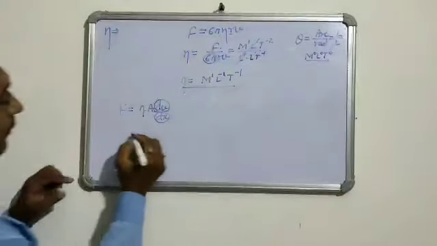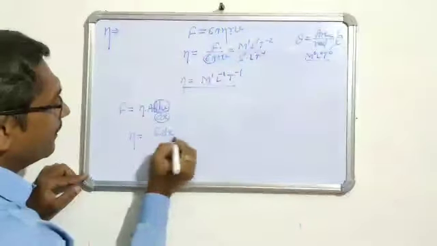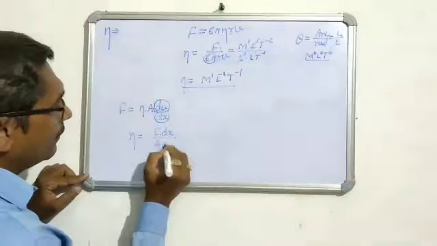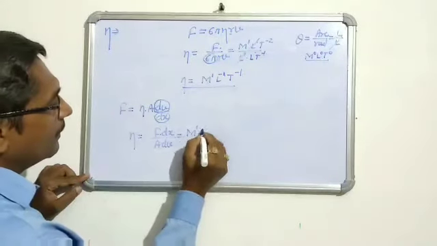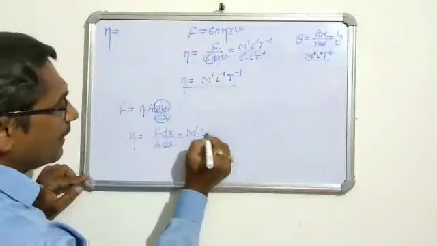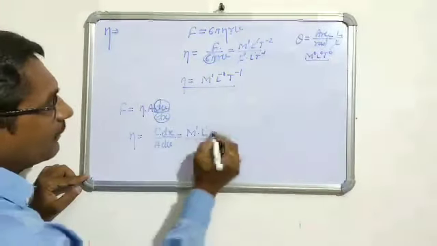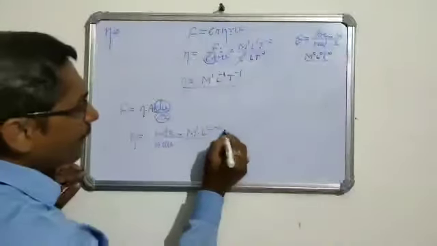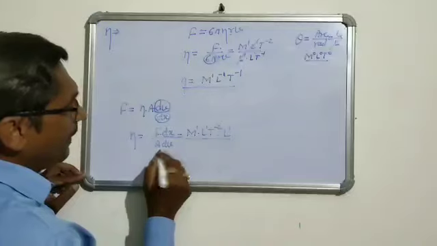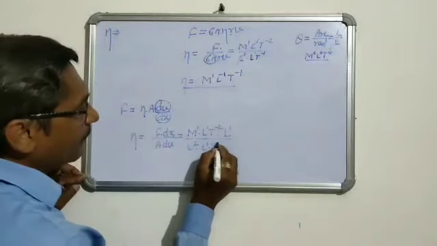So by this formula we can find eta equals F dx upon A dv. The dimensional formula of force is M1 L1 T minus 2, the dimensional formula of dx is L1, area is L2 and dv is L1 T minus 1.